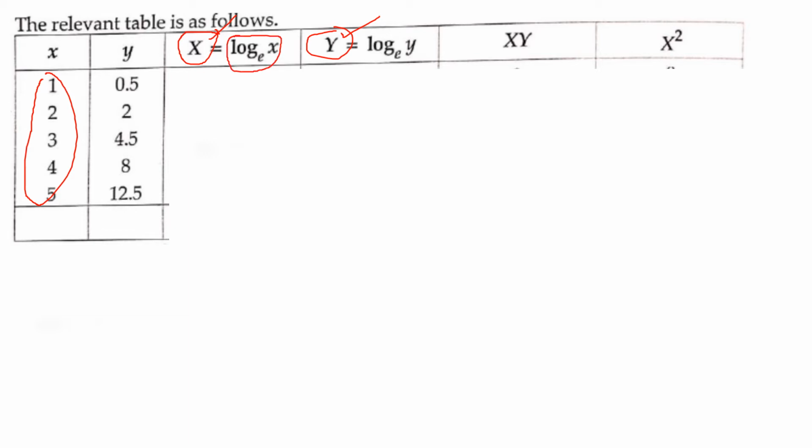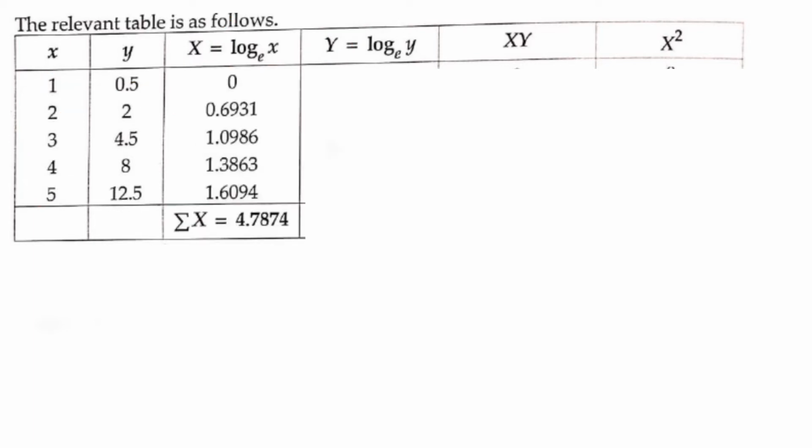How do we find the values of log x to the base e? In your scientific calculator, you can find ln, that is natural log. Ln means log to the base e. If you press ln of 1, ln of 2 and so on, you will get these values.